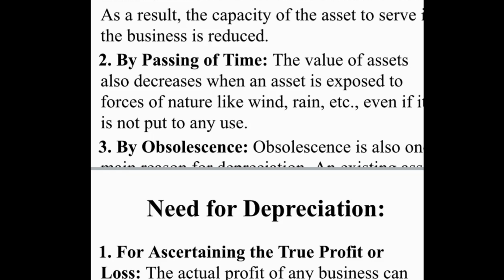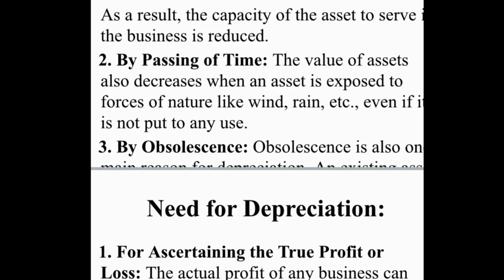So what I do is, from now onwards, I'll keep some amount aside from the profit of the company, so that after 5 years, if I want to buy a car, I can buy a car. Out of this year's profit, now today I purchased a car for 5 lakhs, I'll keep 1 lakh aside.